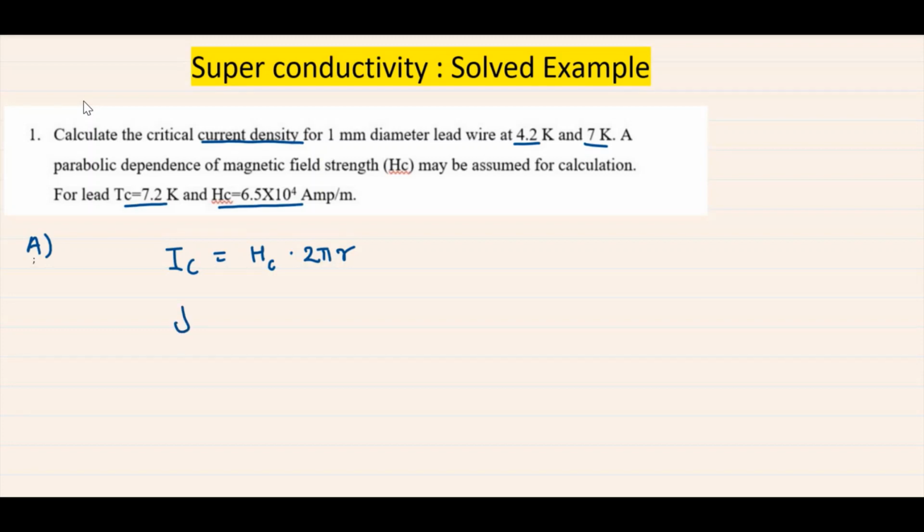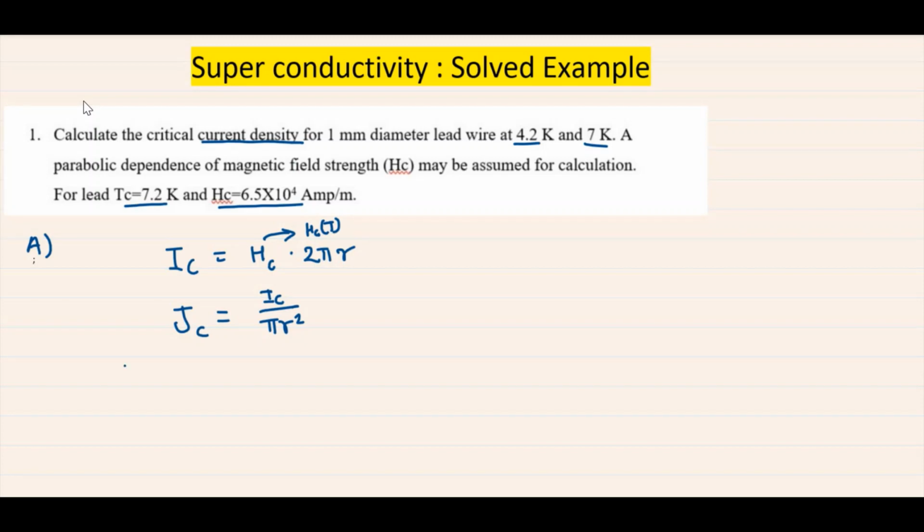And to find critical current density Jc, the equation is Ic divided by pi r square. Okay, this Hc is Hc of T. I mean, if you want to find critical current at 4.2 Kelvin, then this Hc is Hc at 4.2 Kelvin.